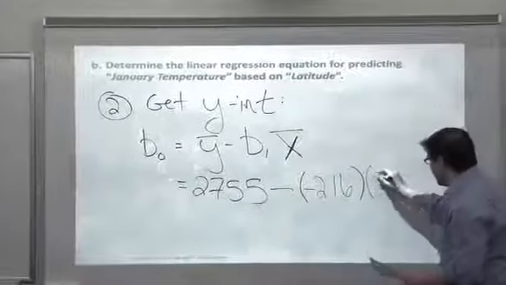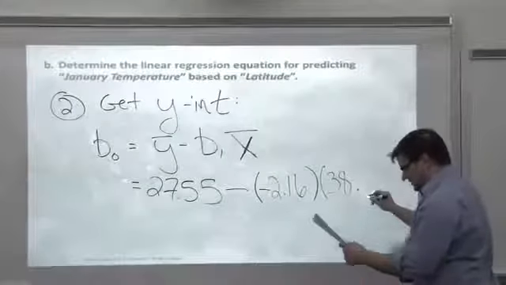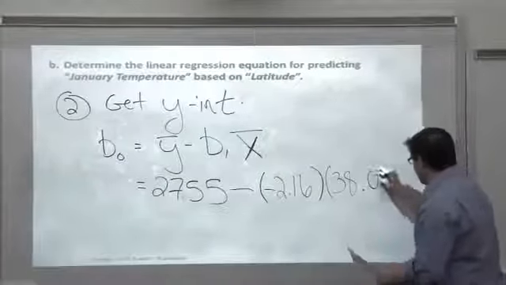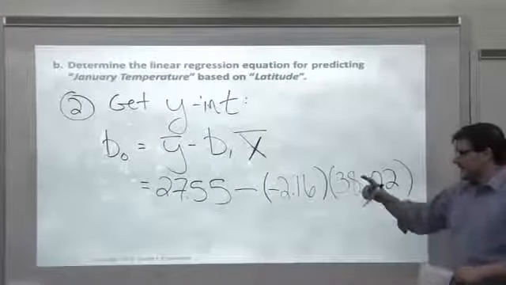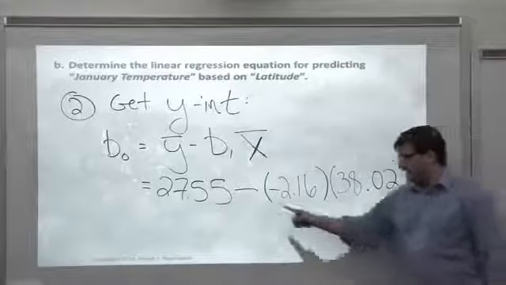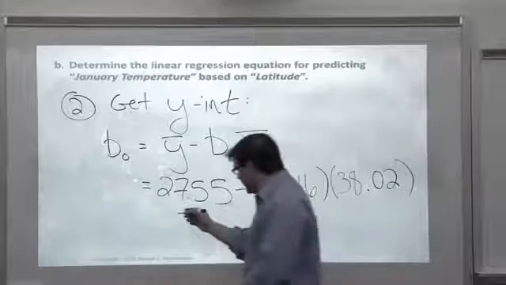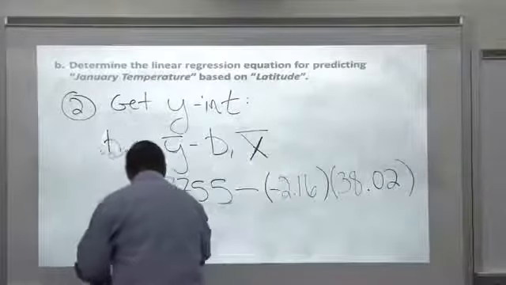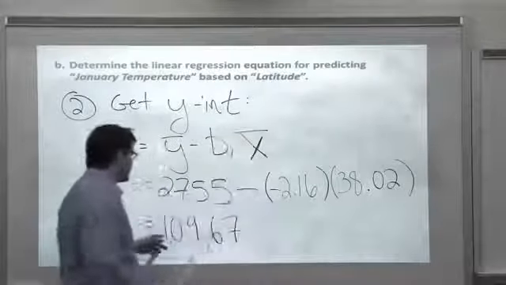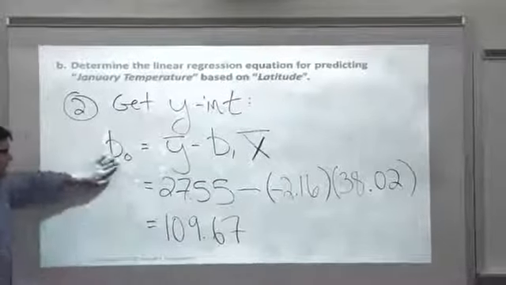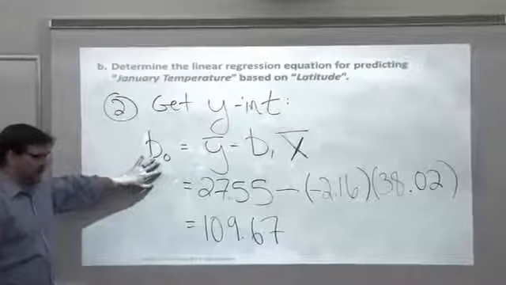X bar from the chart, average latitude was 38.02. So on your calculator, 27.55, negative times negative makes positive. The answer is 109.67. That's the value of the y-intercept.